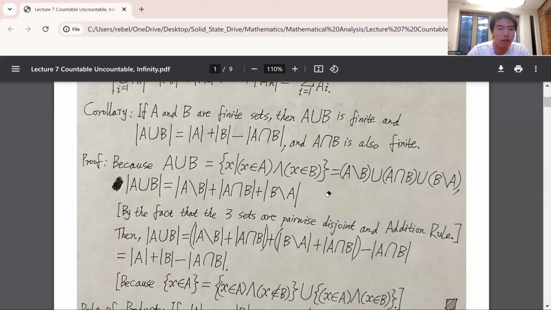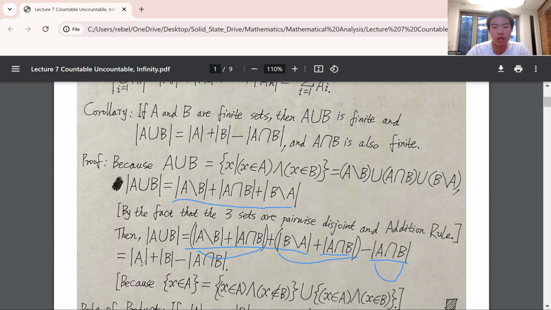Once we found that, we can add and subtract the same set's cardinality in the equation. So these three terms are equal, and we add A intersection B and subtract A intersection B. This is the set A, this is set B, and this is set A intersection B. Why is that true?